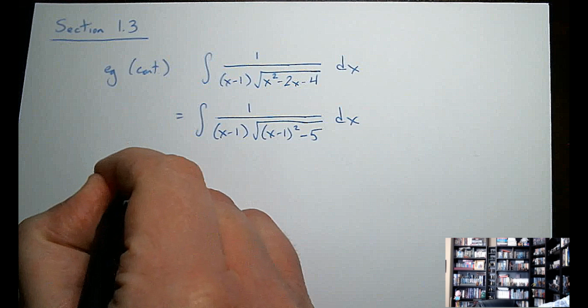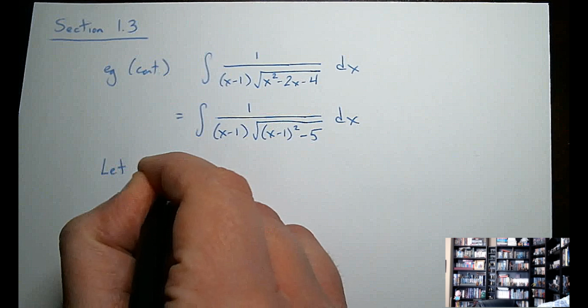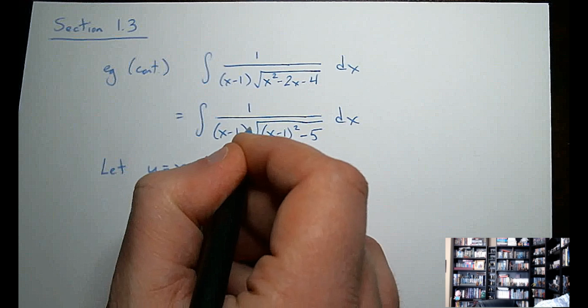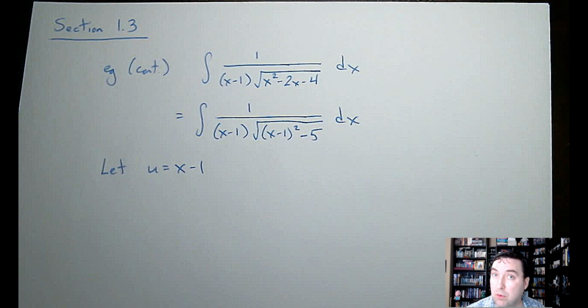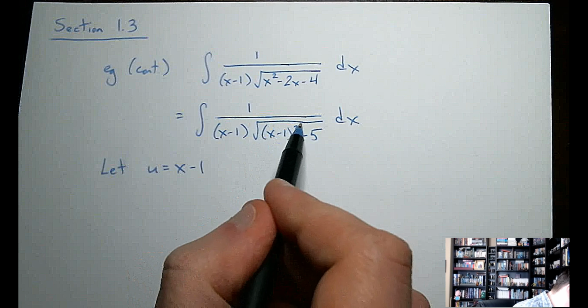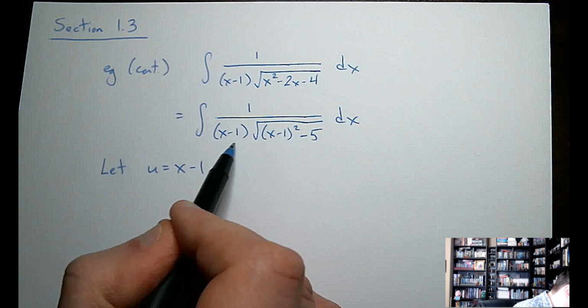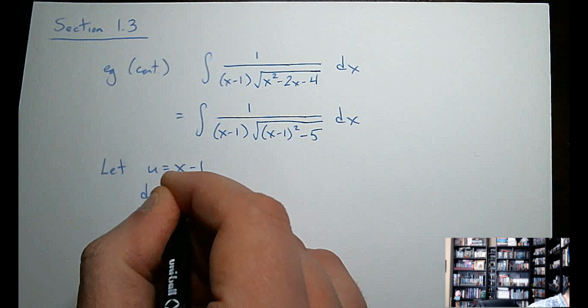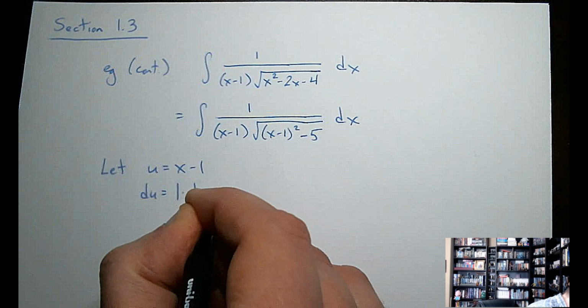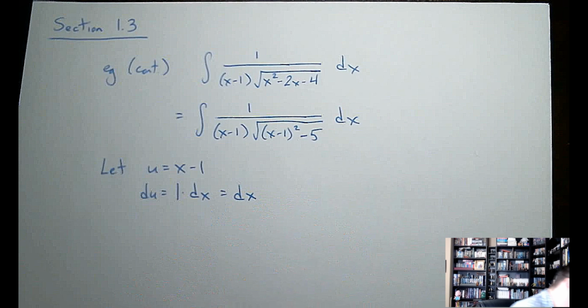So in particular here, we're going to let u equal x minus 1, which is nice because x minus 1 also shows up outside the square root. So we're going to have a u squared in here, and this will just become a u. And du is just going to be, well, the derivative of x is 1, so du is simply dx.